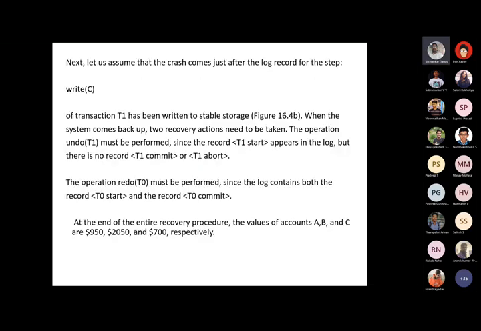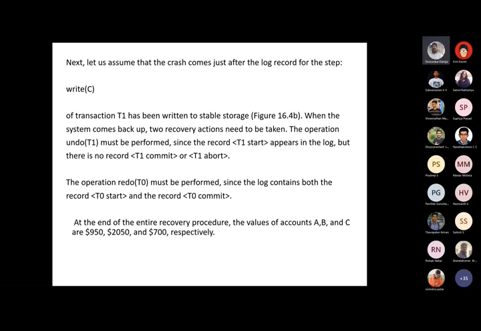Whereas if you look into the transaction T0, the operation redo of transaction T0 must be performed since the log file contains both the record T0 start and the record T0 commit, right?